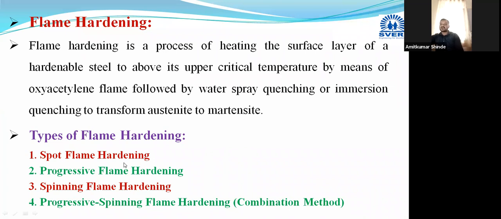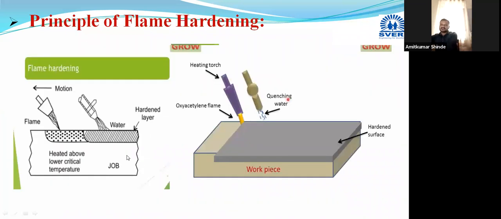Then what is spot flame hardening? In spot flame hardening, suppose this is the workpiece, a specific spot of that workpiece or steel component is heated to above the upper critical temperature, and after sufficient heating, water is sprayed on that spot, or the component is directly dipped into the water, meaning quenching is done, and in this way that spot is hardened.